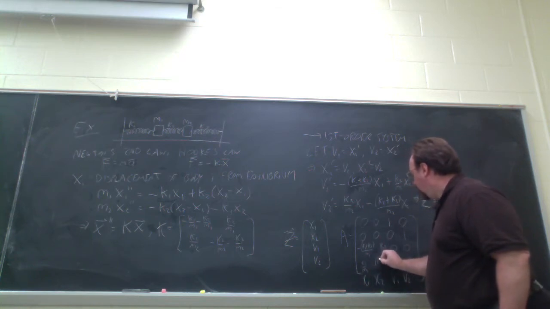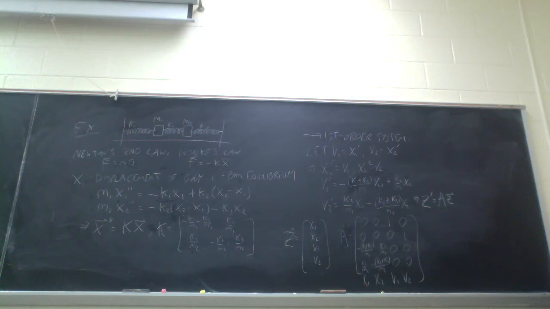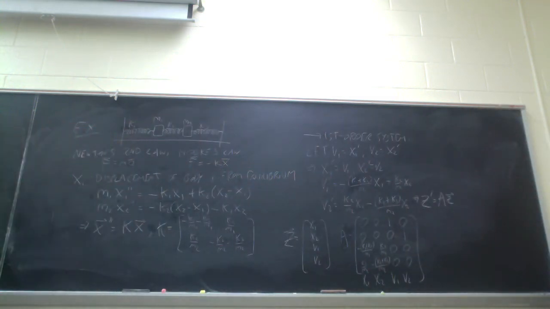M2. Okay, so now we have this 4x4 matrix that describes our first order system of 4 equations because of our 4 unknowns. Okay. All right, so questions about how we work with these systems and get them in matrix vector form.